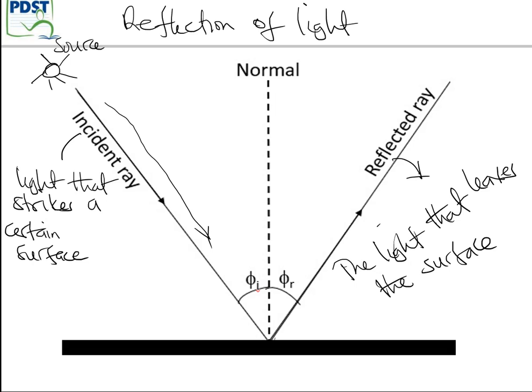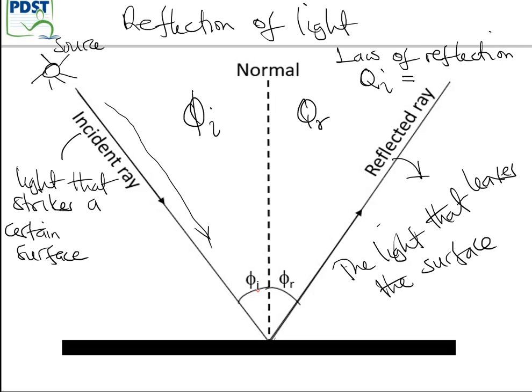Now, when thinking about reflection, you also think about the angle. This is known as psi. So we have the angle of incidence, psi I, and then we have the angle of reflection, psi R. According to the law of reflection, these two angles are equal.